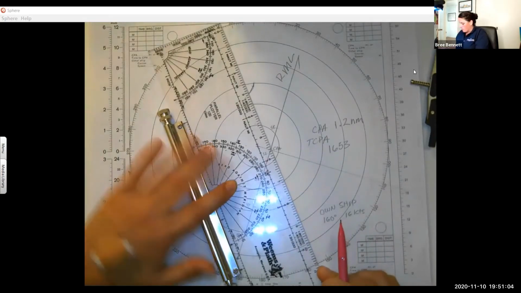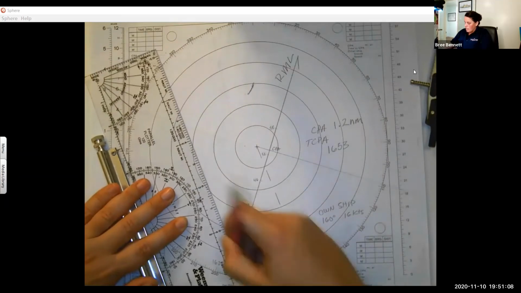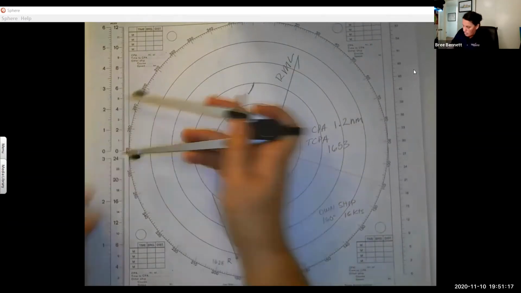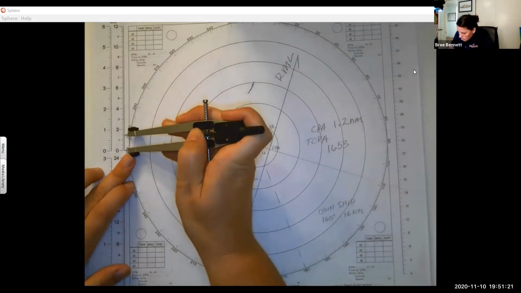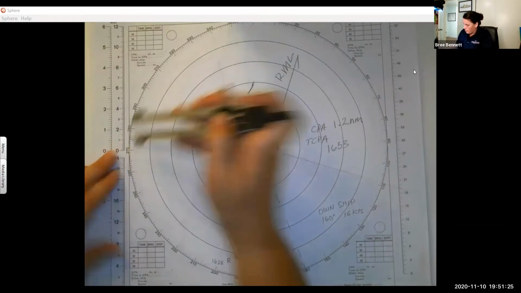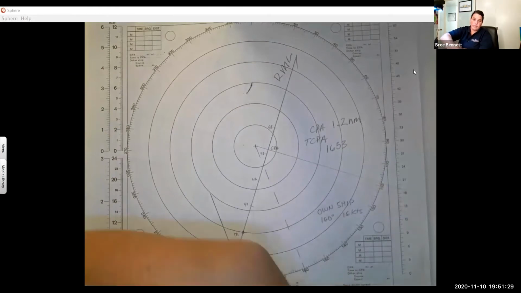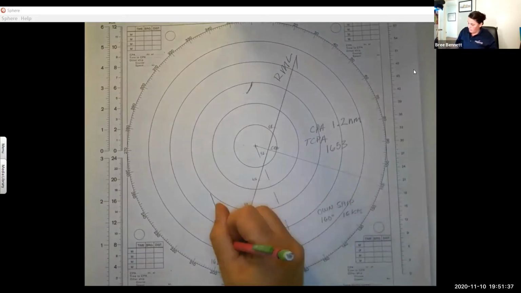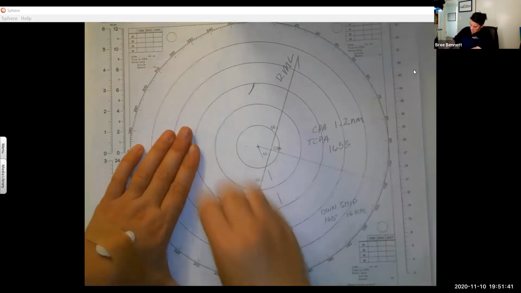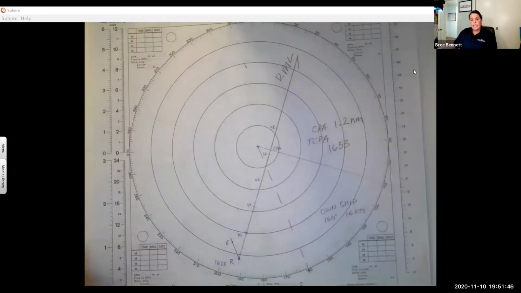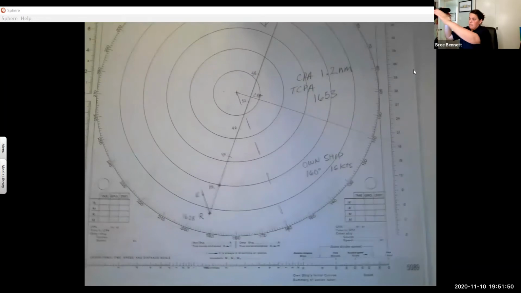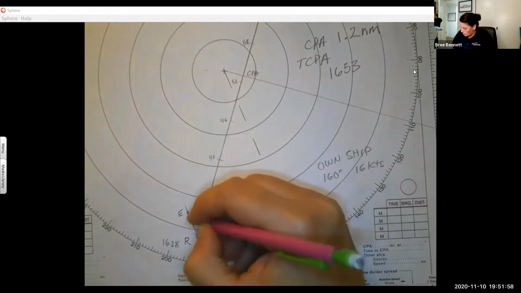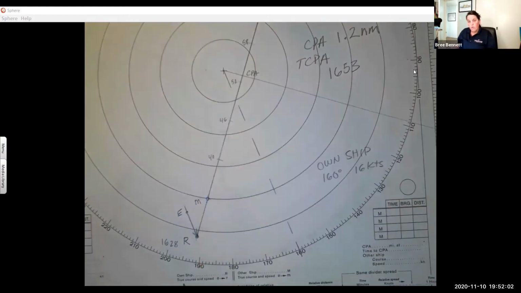So I'll get 160, parallel over to R, and I'm going to get my E. My E is going to be 1.6 from the R. So here is my E. So E to R, here's an arrow, is my own course and speed.